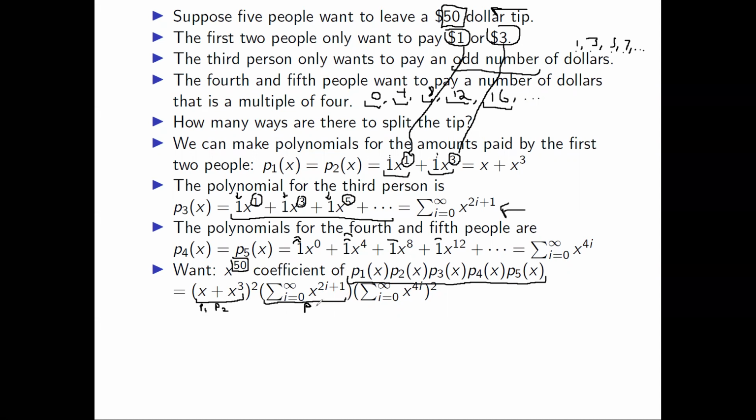That's just from the P3, that is P3 of x. And finally, this sum right here that we're squaring, that is exactly what we saw in the last bullet. This is from P4 and P5. So both P4 and P5 of x are equal to this sum from i equals 0 to infinity of x to the 4i. So P4 of x times P5 of x is the square of that sum.